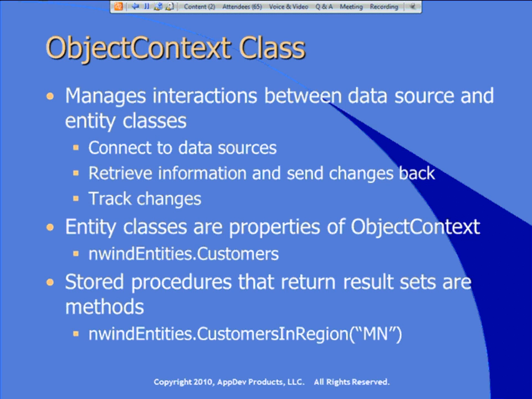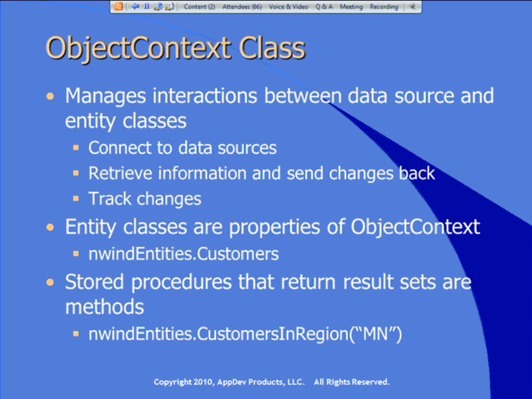And then your entity classes are simply properties of the object context. So if I want to work with the customers table, I create a new instance of this object context, which on this slide I called LINQ Entities, and then customers, which is an entity, is a property of that. And stored procedures are methods of that. They return result sets.